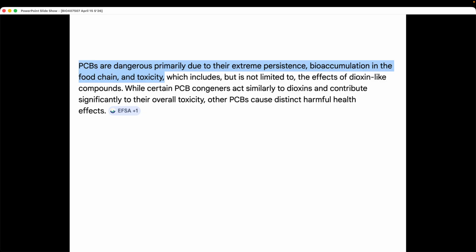And so PCBs were banned in, I read, like 1979. But they're still present in the environment. I Googled it. People talk about forever chemicals, and there are some chemicals on that list.